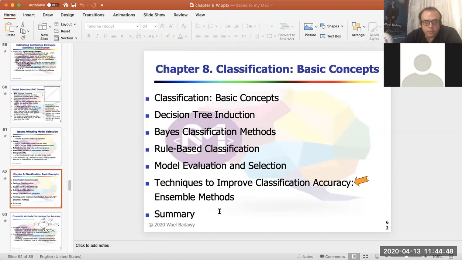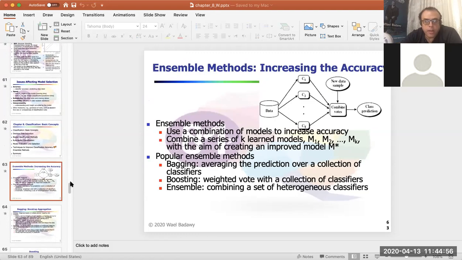Now, I would like to spend some time on techniques to improve classification accuracy. There are ensemble methods to increase the accuracy. One way to increase the accuracy is to combine different models. So I can use voting schemes.